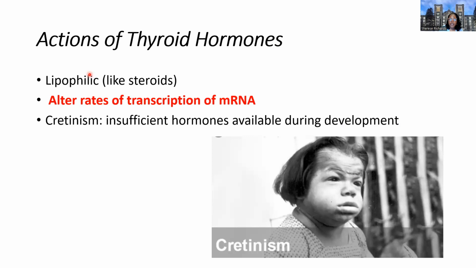One of its important clinical connections is cretinism. Because thyroid hormone is so important in our general metabolism, if there's insufficient amounts when, let's say, a woman is pregnant and she is not having enough iodine in her diet, and she doesn't have enough thyroid hormone being made, which translates to insufficient thyroid hormone in that fetus, then these infants can be born with cretinism, which is basically a developmental defect.